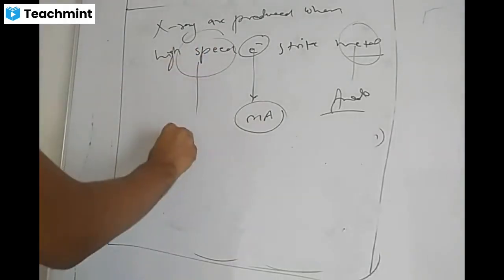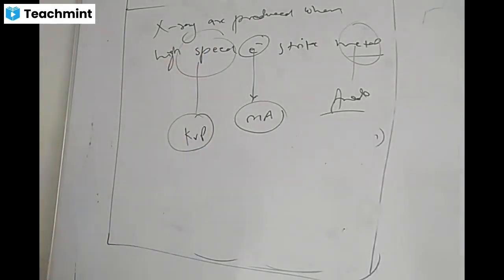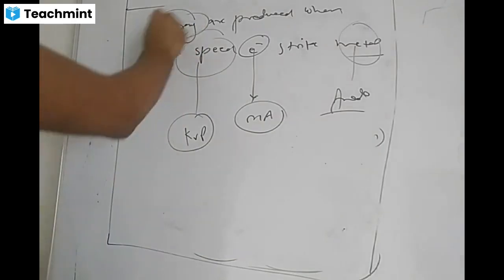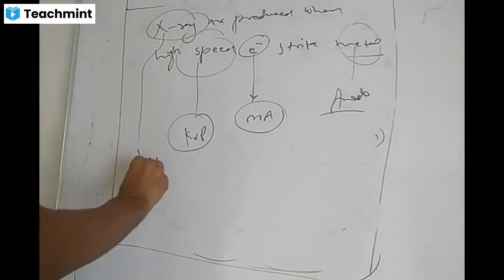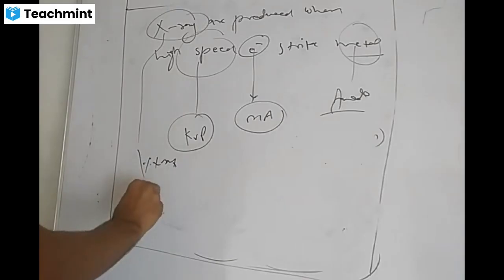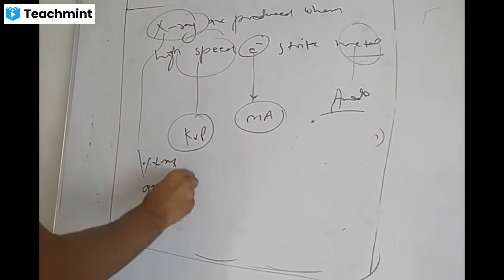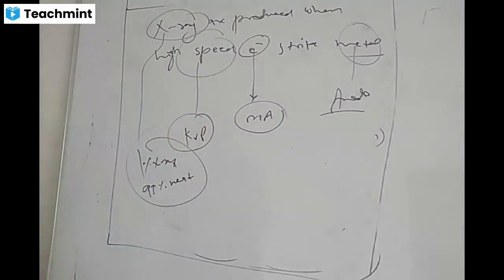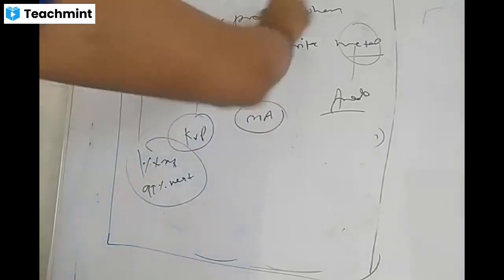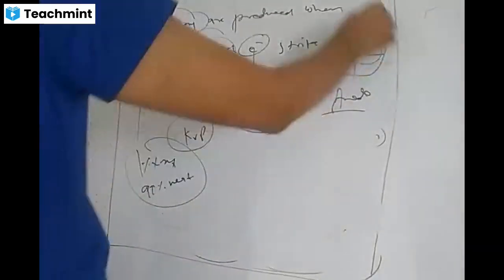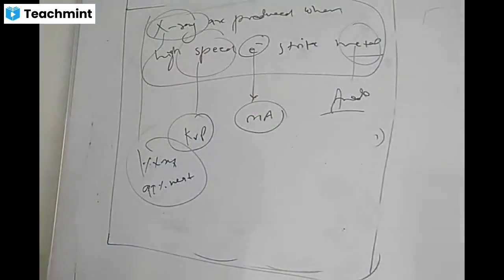Speed we can control by kVp, that is their motion, kinetic energy. And X-rays are 1% and 99% is heat. So these four pieces of information we can obtain from this line.